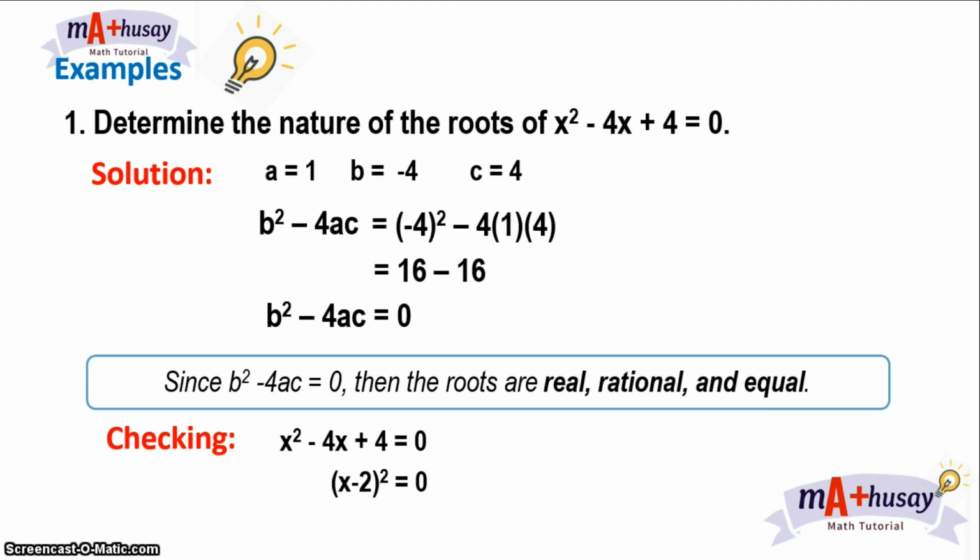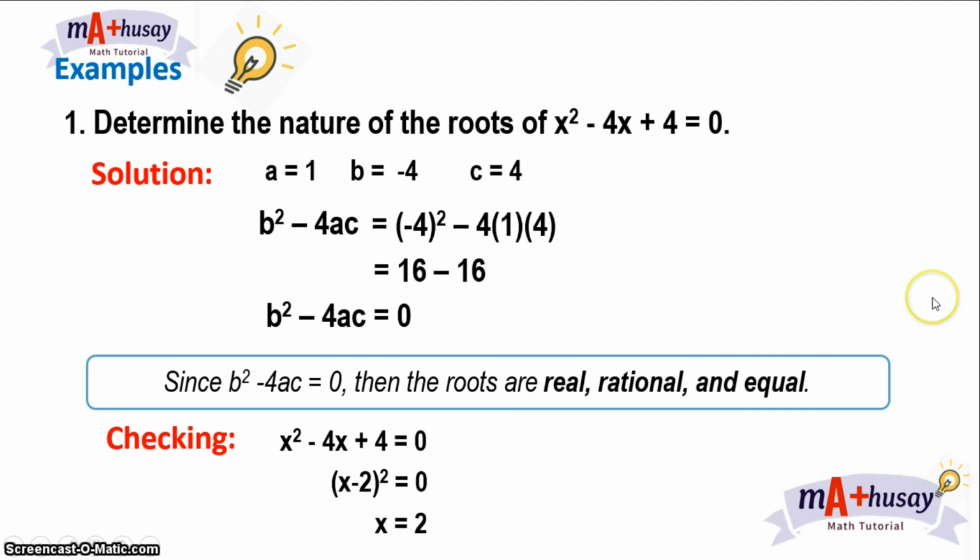So if you look for the value of x, you will have x is equal to 2 and you have two values which is actually the same. x is still equal to 2. So in this case, we know that the roots are real, it's rational, and it's equal. So again, if the discriminant is equal to 0, then the nature of roots are real, rational, and equal.